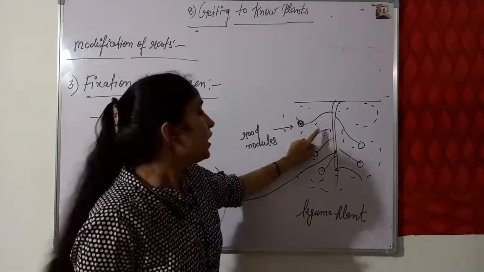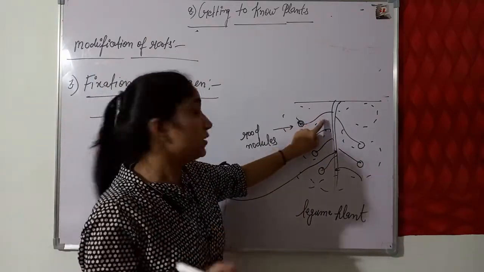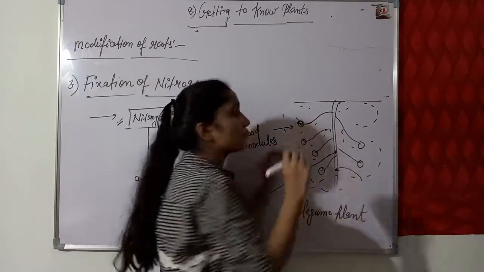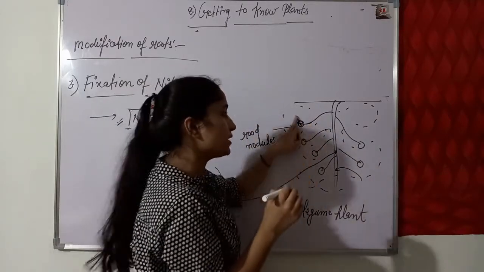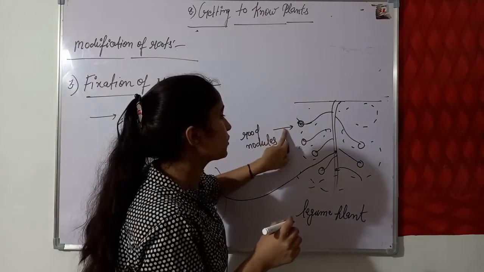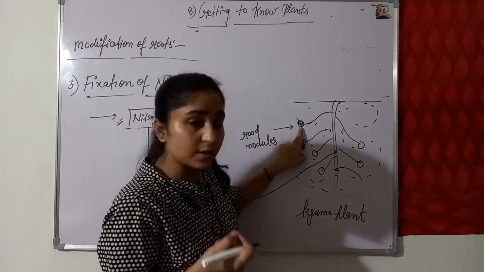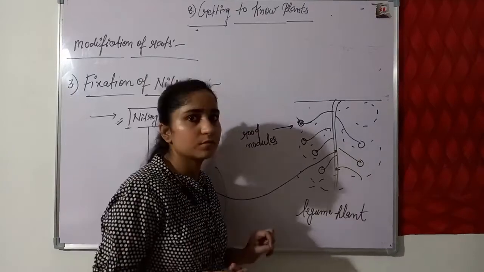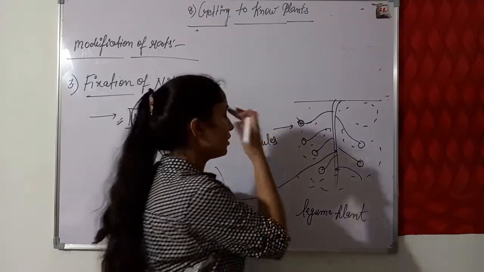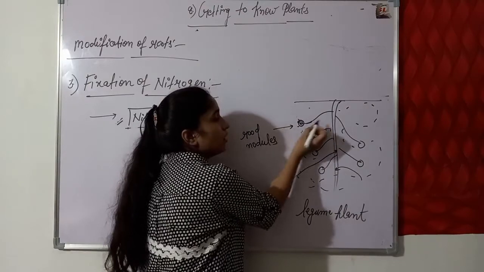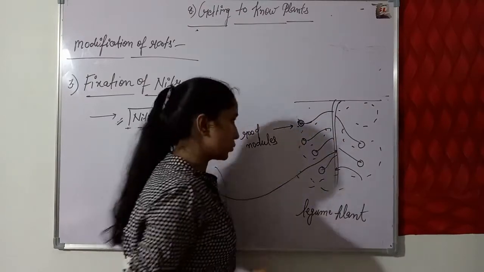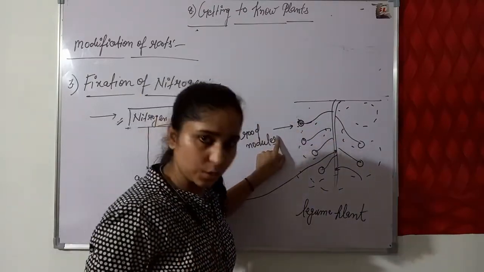Let's understand. Here are the roots. The last part of the roots has a swollen structure, a tiny swelling. So here are the small swellings on the ending part of the roots that we call root nodules.